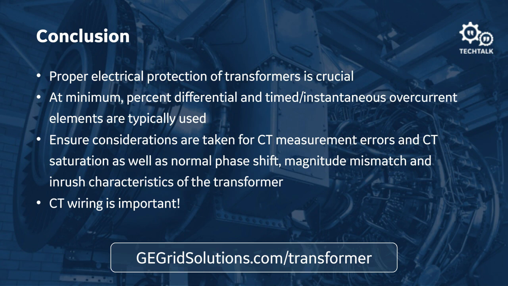Okay, and then one more question here. What if the transformer only has inrush on 2 phases instead of 3? Yeah, a question we get every now and then, and related to this is what happens if you select 2 out of 3 for your inrush inhibit mode, but no inrush shows up on 1 phase?